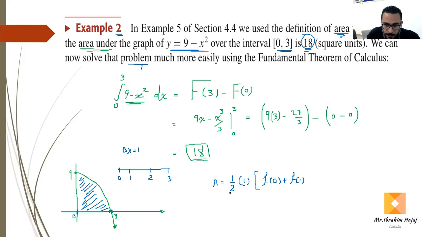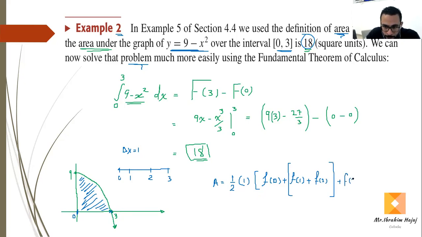So again, let's clarify this. The area equals half times 1 times: f of 0, which is 9, plus 2 times f of 1, which is 8, plus f of 2, then close the bracket, plus f of 3.